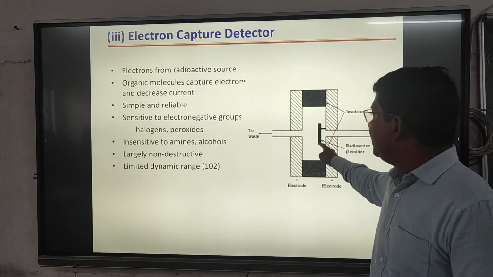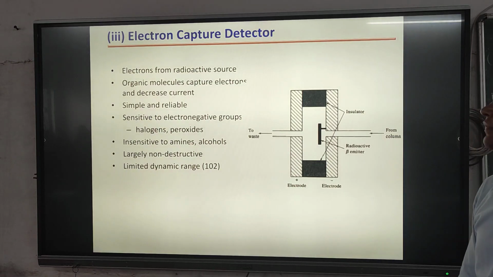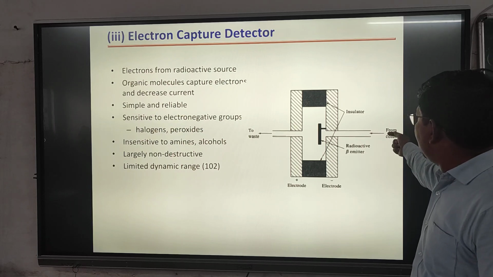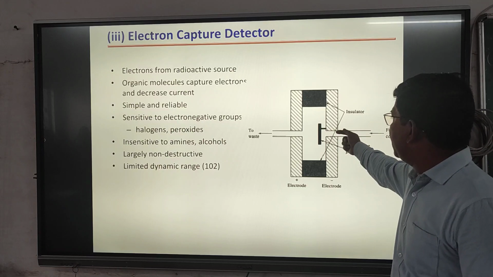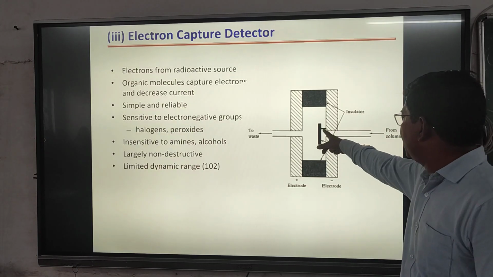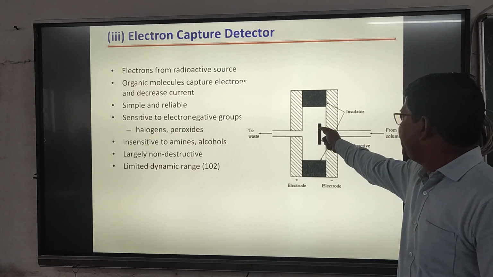Here we will understand the principle of this electron capture detector. Your compound mixture in the form of gas will reach this radioactive emitter. What is the function of the radioactive emitter?